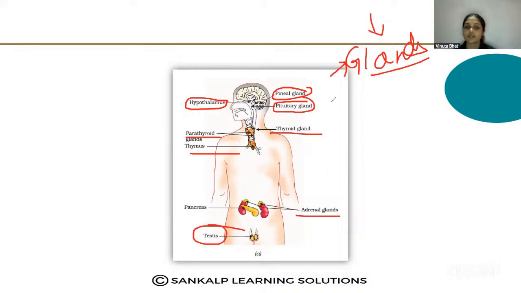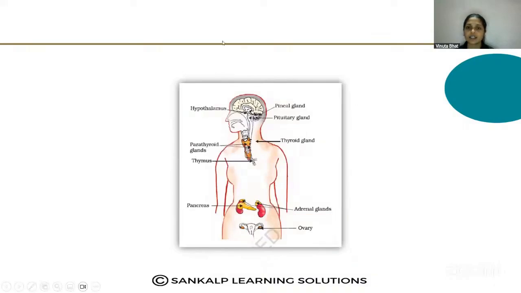These are all the different glands which secrete the hormones and perform different functions in our body. In the case of female, we find the hypothalamus, pineal gland, and pituitary gland, the same as in male, and the parathyroid, thymus, and thyroid gland.